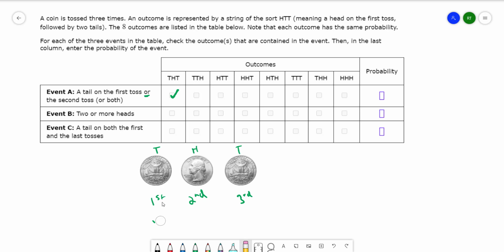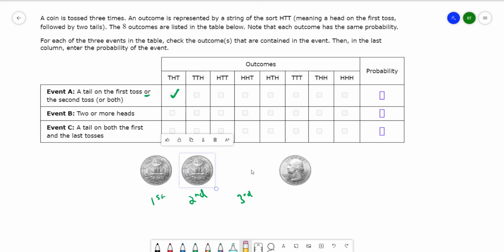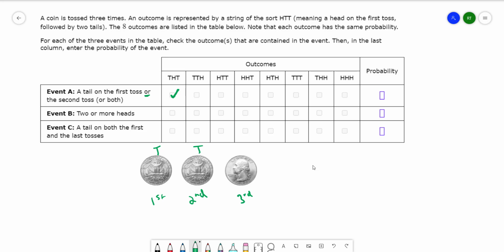And then I'd repeat the process. Now, let me just reorganize these. You can see the second one now says TTH, which means you have tails, tails, heads. So do I have a tail on the first toss or the second toss? Yes, I have it on the first and the second toss in this case.